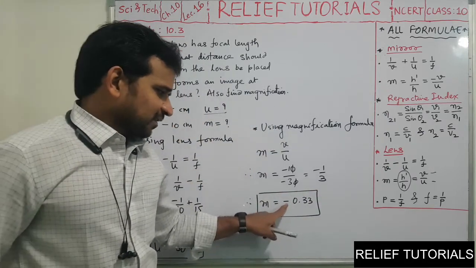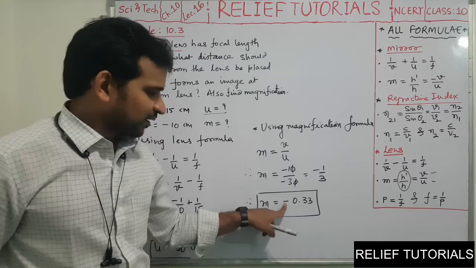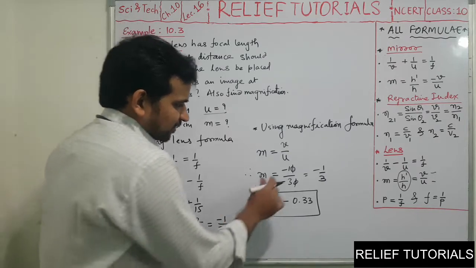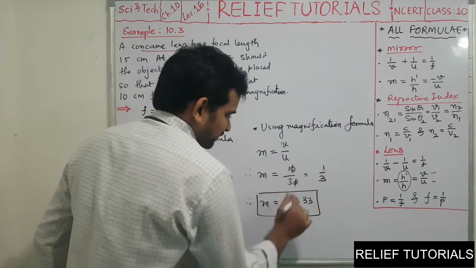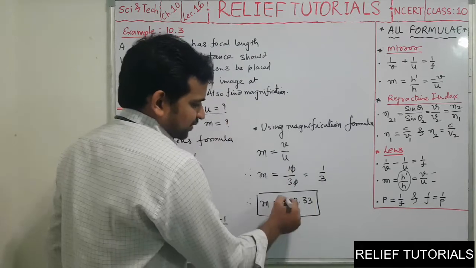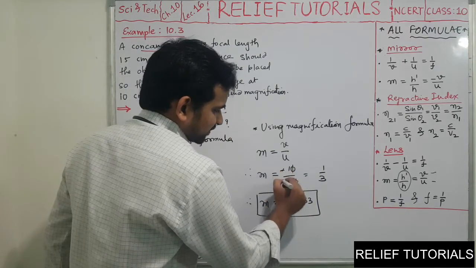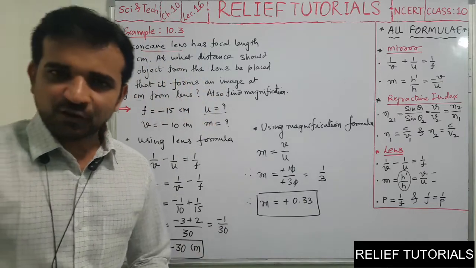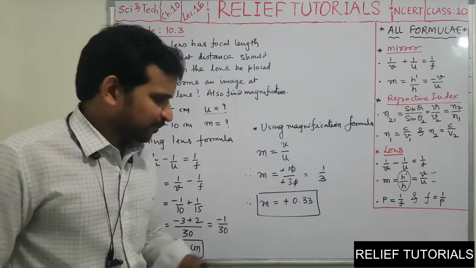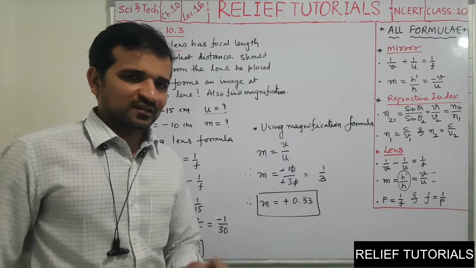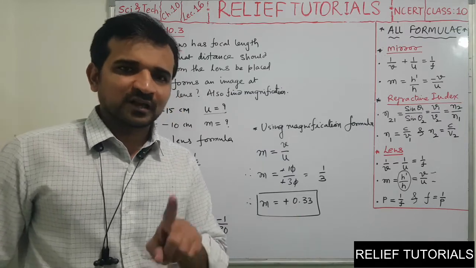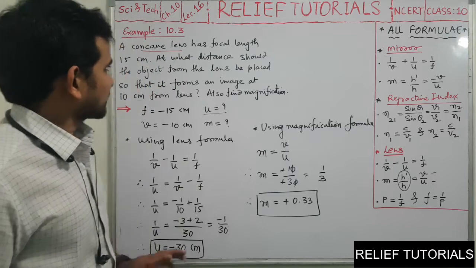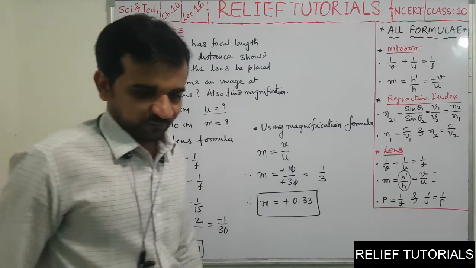The negative sign is not here, it is plus 1 by 3. So plus indicates the nature of the image is virtual and erect, and 0.33 means the size of the image is smaller than the object. So this is example number 10.3.